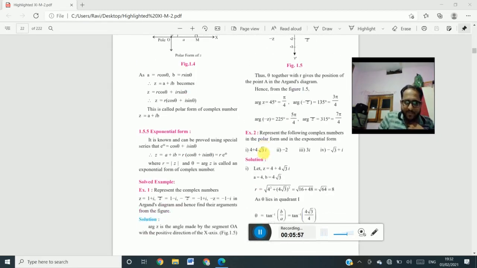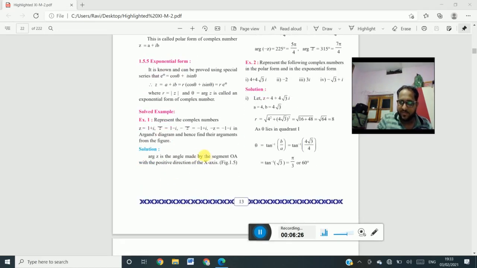Okay, then see this exponential form of the complex number. It can be proved using special series that e to the power i theta equals cos theta plus i sin theta. So z equals a plus ib equals r of cos theta plus i sin theta, which equals r e to the power i theta. So r equals mod z and theta equals arg z, and this is called the exponential form of the complex number.